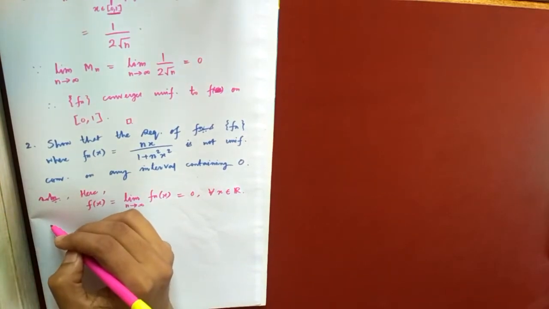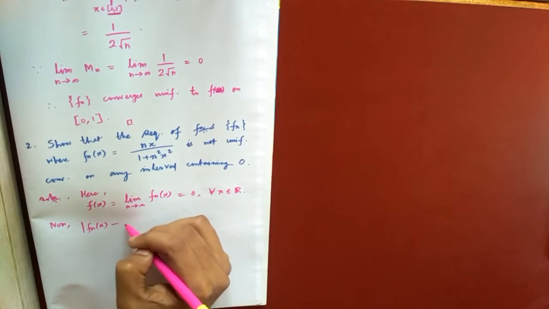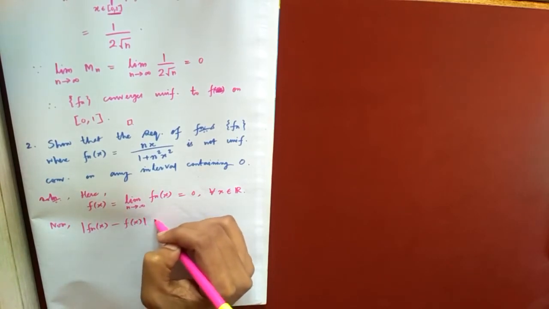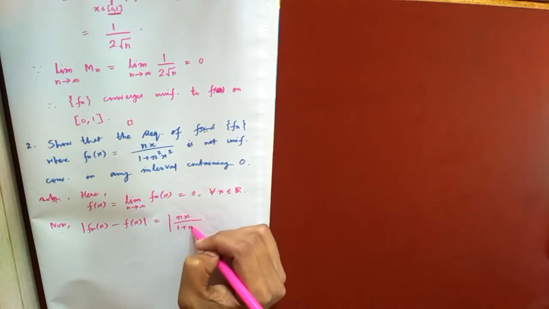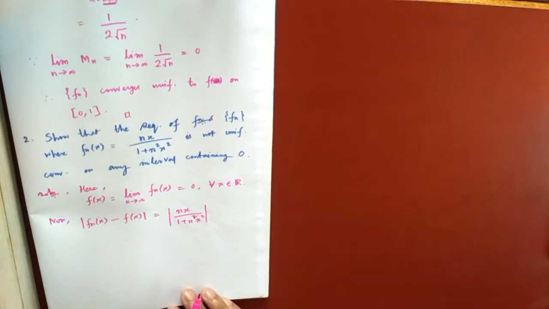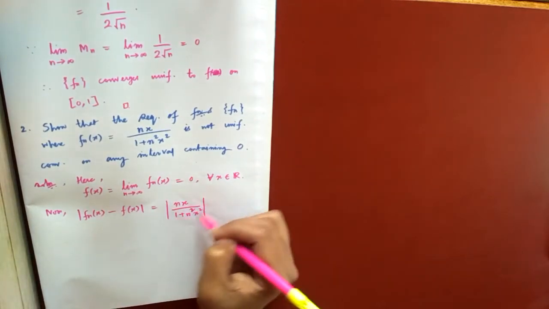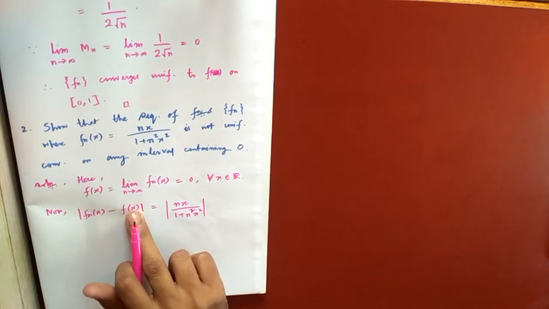So now I will find f_n(x) minus f(x). What is this? This is nx by 1 plus n square x square. I have to find the maximum value of this quantity, because f is 0.